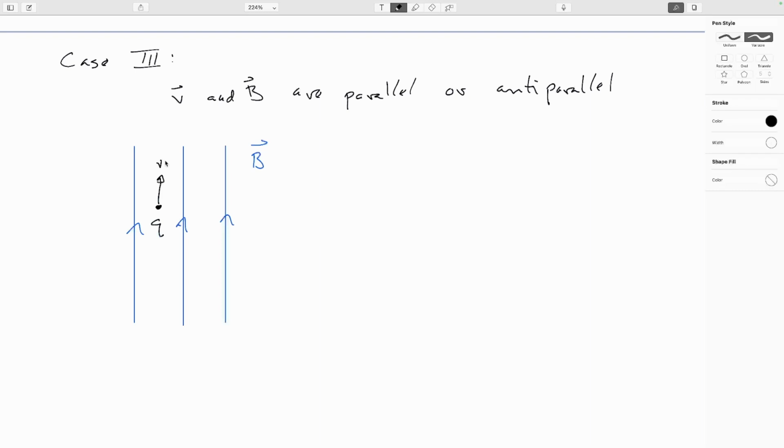Let's say it's going parallel, but it could also be going anti-parallel like that. So think about what the motion of our particle would have to be like in this case. Pause the video and get back with me. Okay, in this case, what we should be getting is that the particle is undeflected.